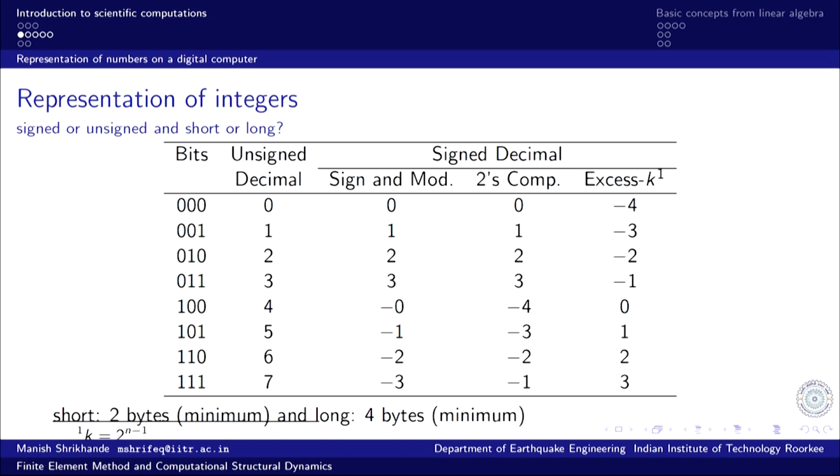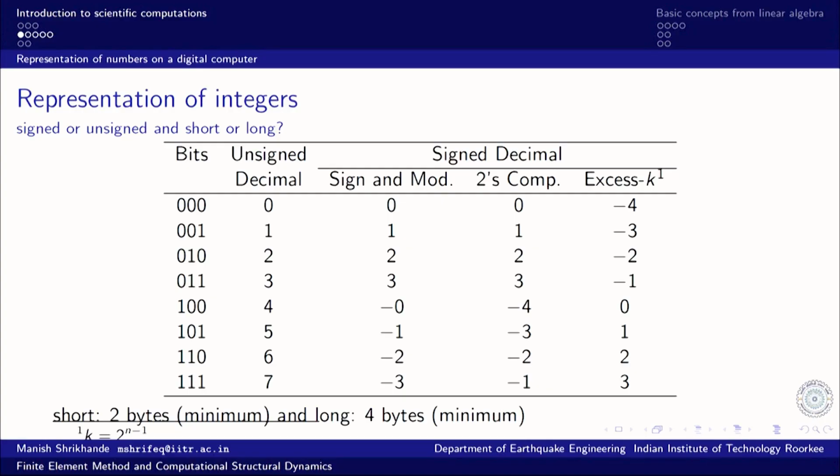These are the total possible representations, 0 to 7. Theoretically an integer extends across both the negative and positive range, so the technically correct representation of an integer is of course the signed integer. There are different ways of representing signed integers, again based on convention.